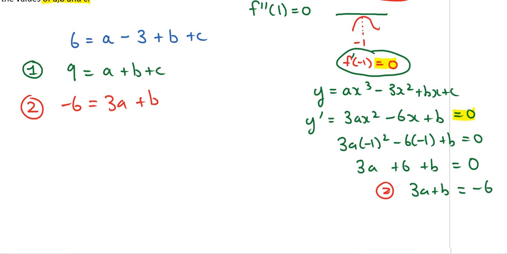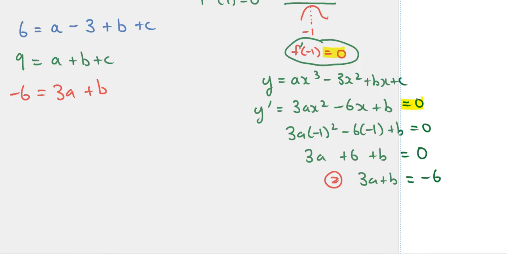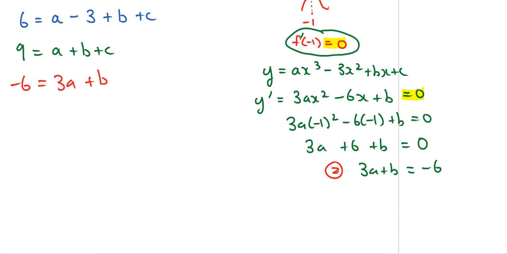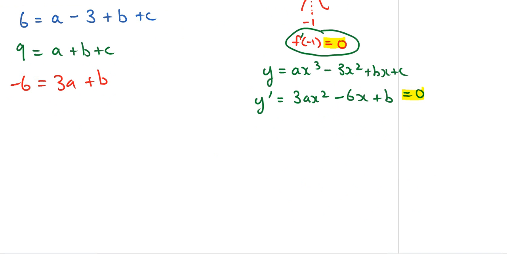The final thing that you need to do here is take the second derivative. So let me delete all this. If this is my first derivative, then my second derivative is going to be 6ax minus 6. And I know that my second derivative at x equals 1 is going to be 0.